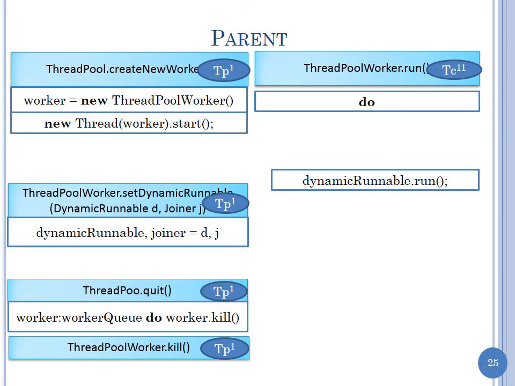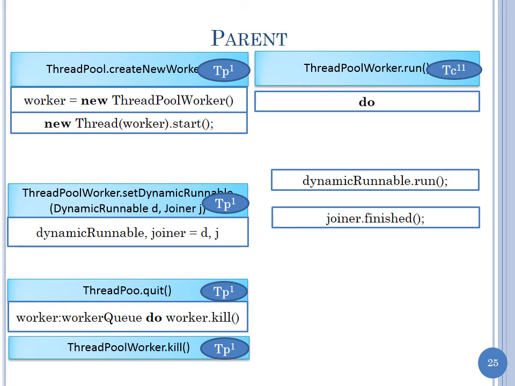It says, I've got to do my work, so I'll take my dynamic runnable and execute it. This is the equivalent of, in the previous slide, the master executing the run method. The parent thread was already created, so it was told to do this run. This threadpool worker thread is already created, and so it's told to do the run. It's a very similar run method call.